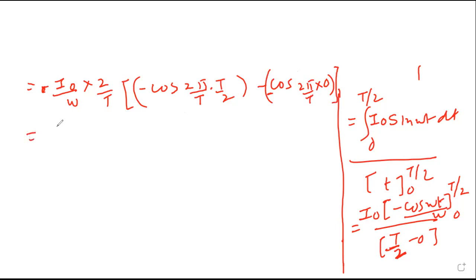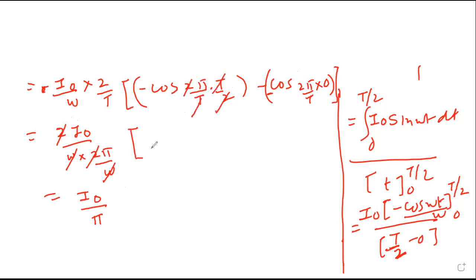So this will become 2 times I naught omega into 2 is 2 pi by omega. T is 2 pi by omega. This will get cancelled, 2 cancel. So we get I naught upon pi. This is T cancel, 2 cancel.